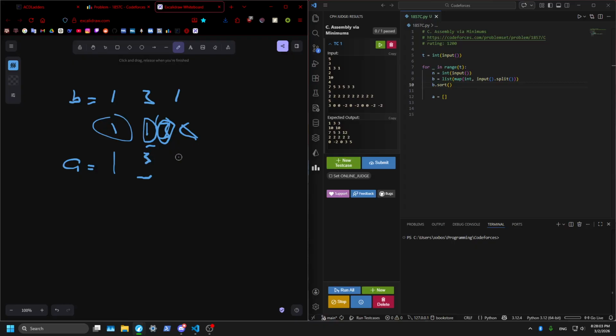So if this was 3, this must be 3. This is anything greater than 3, so this could be 5, because min is 1, middle is min, and then min 3.